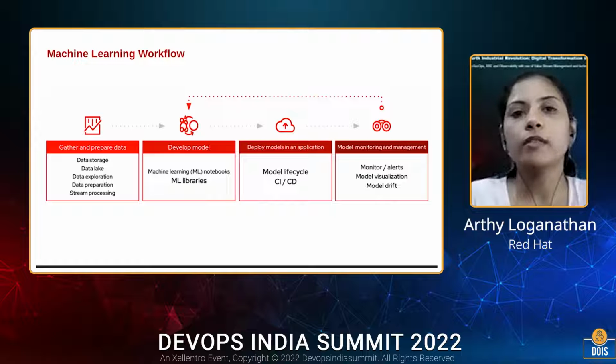So it begins with gathering and preparing data and exploring that data, making sure that it is accessible. Your data might be anywhere. You have to gather and federate it. You might be dealing with streams as well.